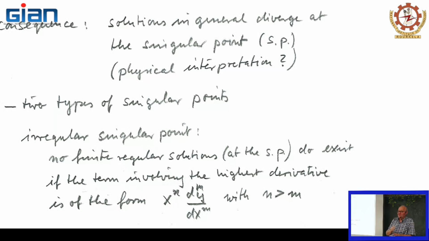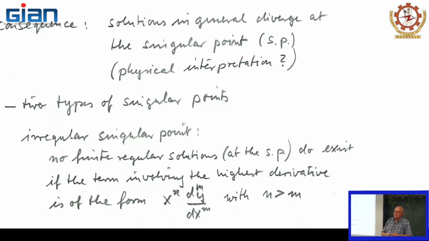If it's a regular singular point, then there are some solutions which diverge at this point, but there are also solutions which do not diverge. So you may have some solutions which remain finite. Of course, for physical reasons, we would not like to have an irregular singular point, because otherwise we would always have solutions which diverge, which we cannot interpret.